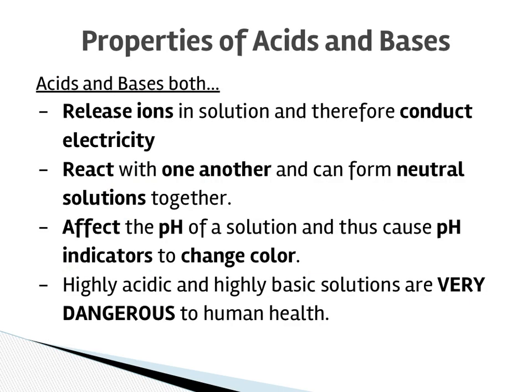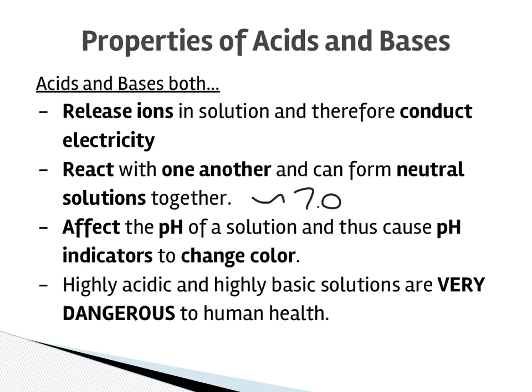All right, these are some basic properties of acids and bases, things they both have in common. Since acids and bases are both ionic compounds, they release ions in solution, and those ions enable them to conduct electricity. Acids and bases can react with one another, and if they're in the right molar quantities, they create neutral solutions, so about 7.0.